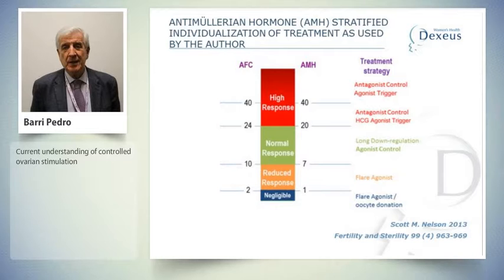Normal patients, supposed to respond normally, you can use an agonist or antagonist protocol, and for those patients in whom you predict a poor response, it's better to use a short protocol, a flare agonist protocol, or in the end, if there is no chance, you have to suggest they switch to oocyte donation.